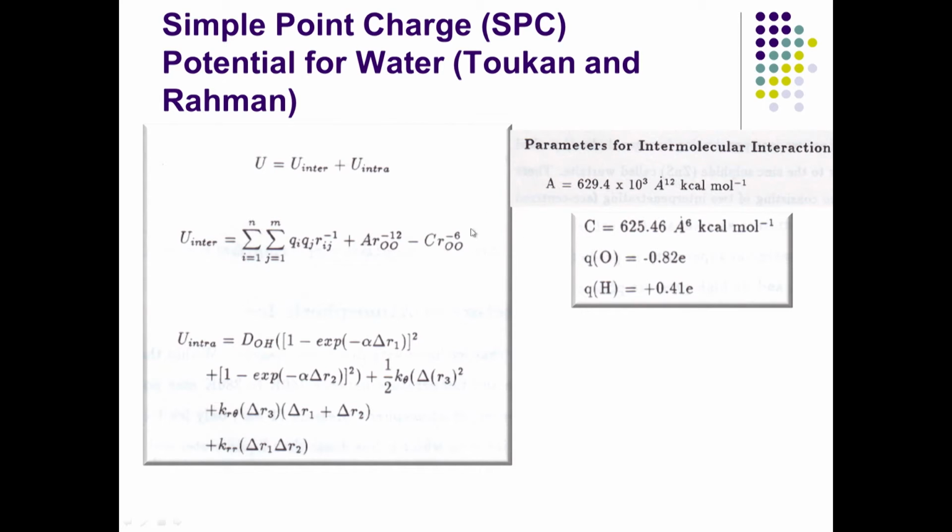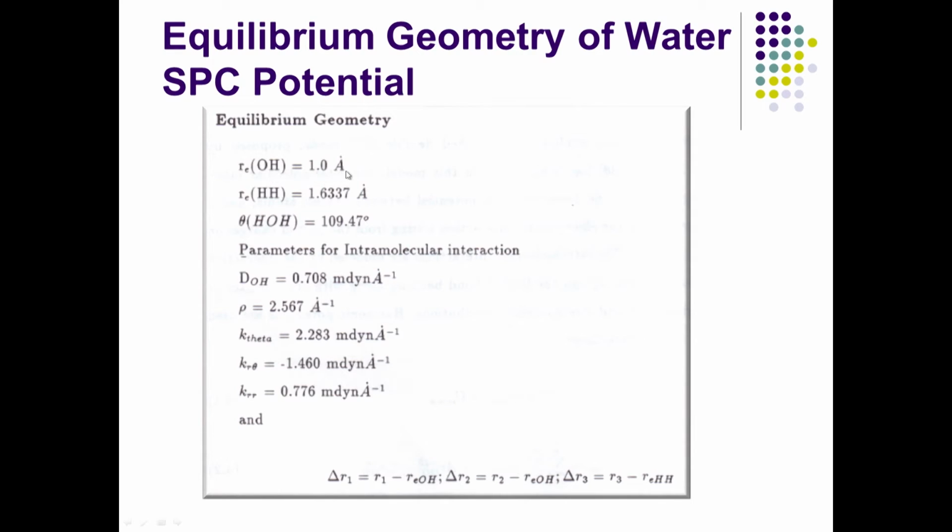So, we are looking at all these parameters that have been experimentally fitted, and now we get into the bond length. The equilibrium bond length between O-H is 1.0 angstrom. The equilibrium bond length between H-H is 1.6337 angstrom, and the angle between the two hydrogens and oxygen is 109.47 degrees. So, these are experimental parameters, and then there are also parameters for intramolecular interaction.